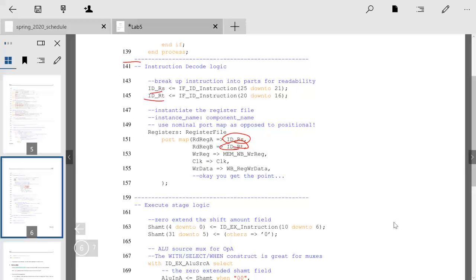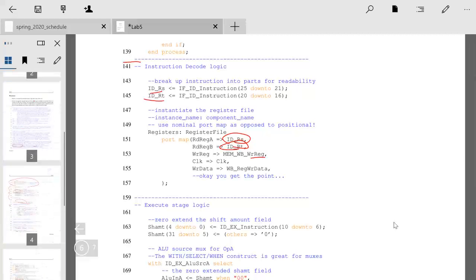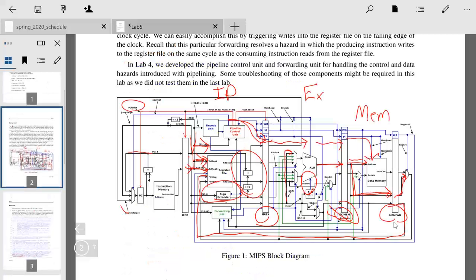Look at that. And again, that write register signal flows down the pipeline. If we go back to the diagram, hopefully I'm not getting you sick here, flipping back and forth. That signal is generated in the EX stage by this mux here, and then it flows into the mem stage and then to the write back.